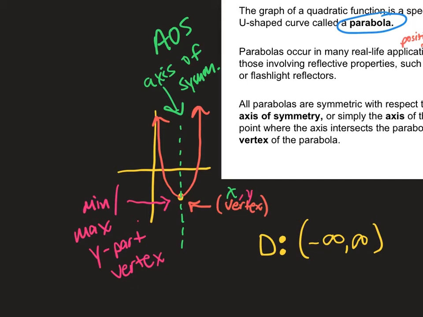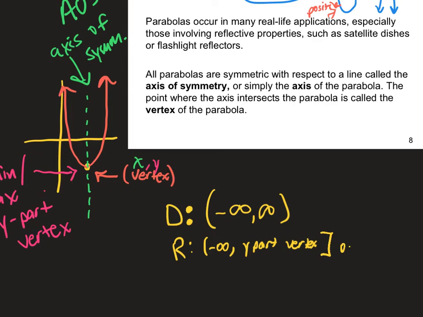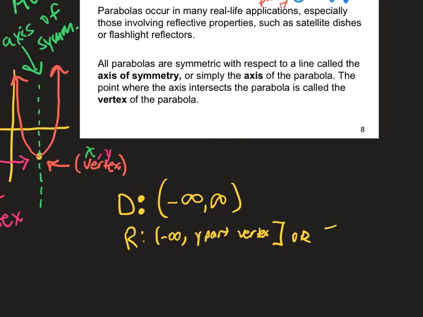You have arrows at both ends, and they're always going in the same direction, so it's forever getting wider, whether it's negative or positive. And you're only going to have two choices for range. Range is either going to be negative infinity to the y part of the vertex, or the y part of the vertex to infinity.